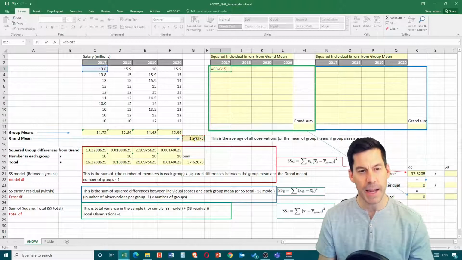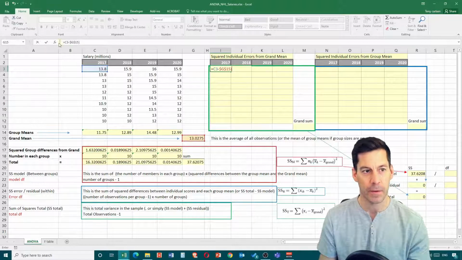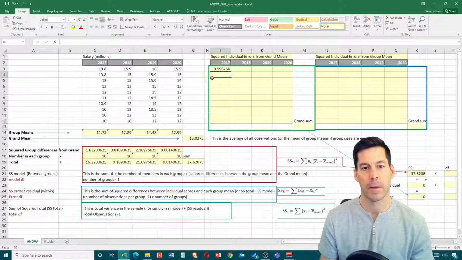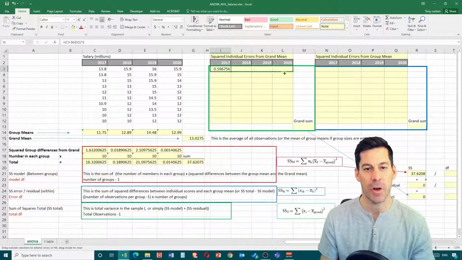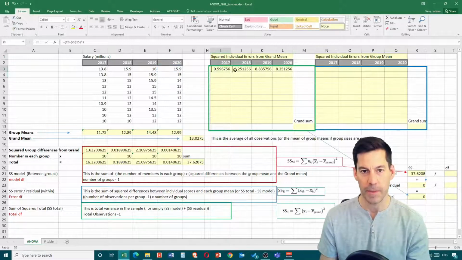And remember, I can hit F4 so that stays as an absolute reference. And I'm going to square it. Because I have held that value constant, the one that I'm squaring against, and the other one gets to move as a reference, I can use all of these and just drag all of those values.